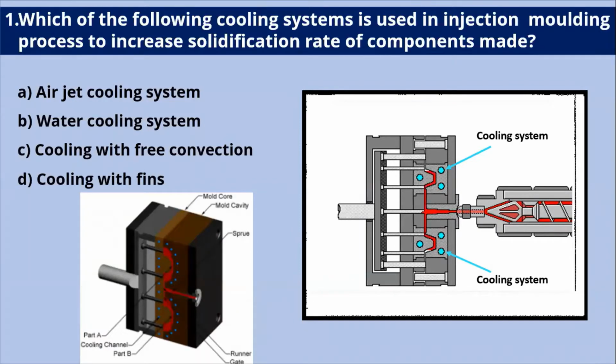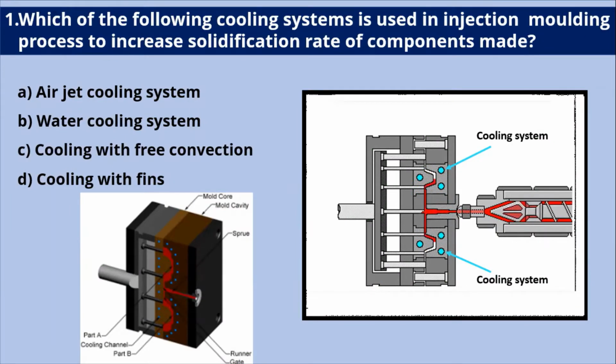Which of the following cooling systems is used in the injection molding process to increase the solidification rate of components made? In this case, I have shown the diagram of injection molding process, and in injection molding, a water cooling system is used.